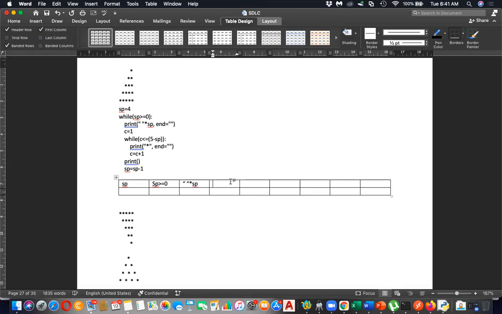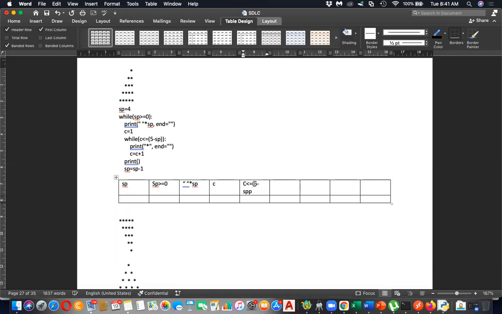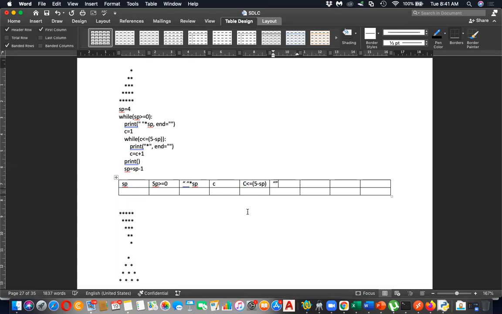Then the next time C. Then C less than or equal to 5 minus SP. Then the next one, asterisk, sorry, just asterisk.